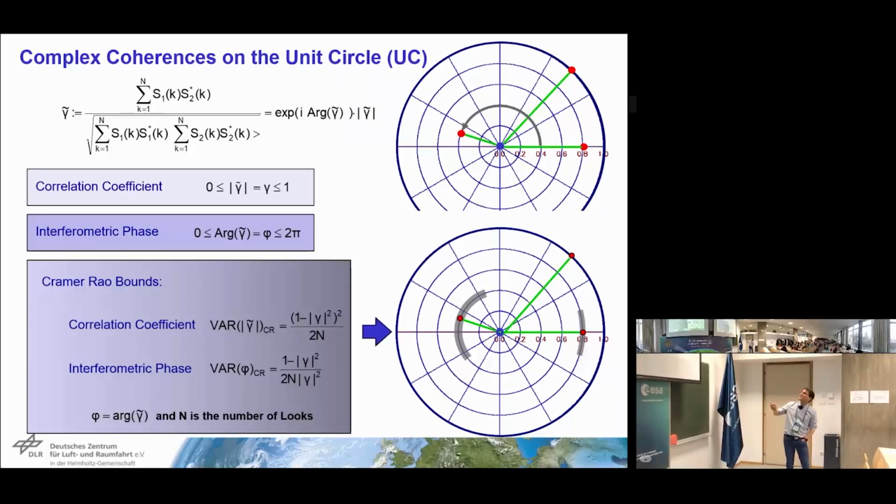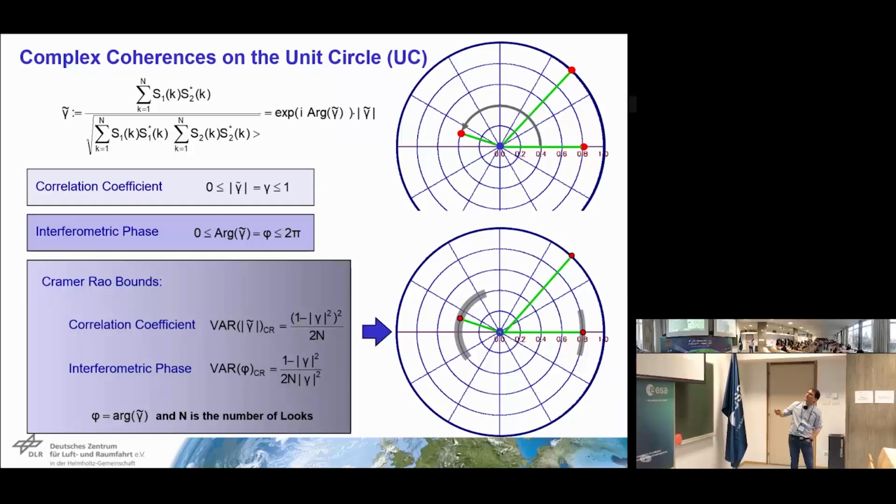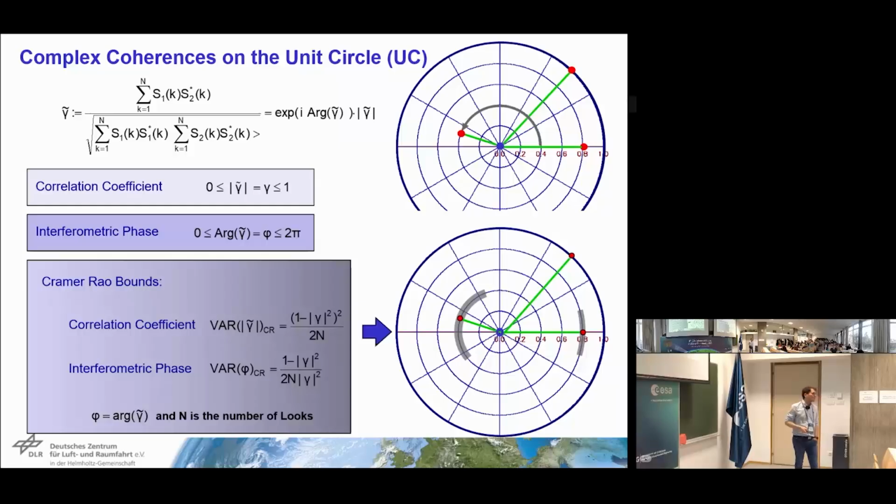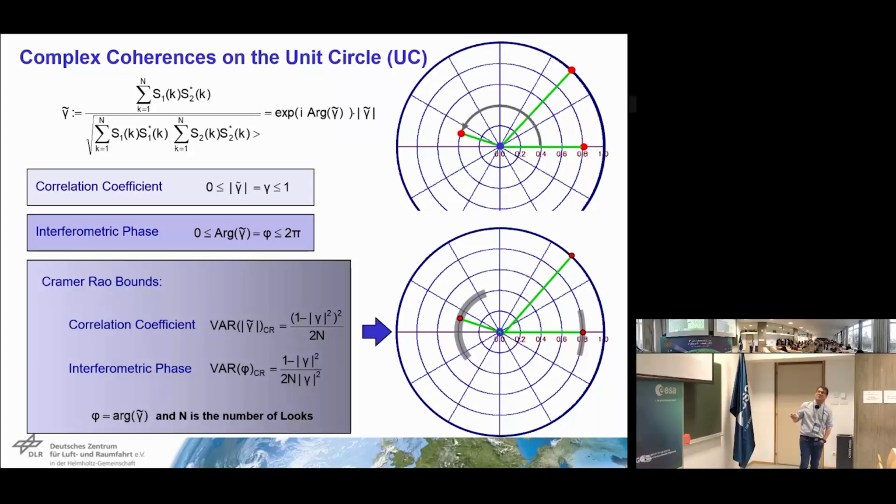The problem comes for this point because its coherence is so low, so close to the center of the plane, that I make a larger variance than this point in the radial direction, but I have a much larger error in the angular direction. So this means that your ability to measure accurately the phase thanks to this coherence concept depends on the absolute value of the coherence itself. So you always have to keep this in mind.